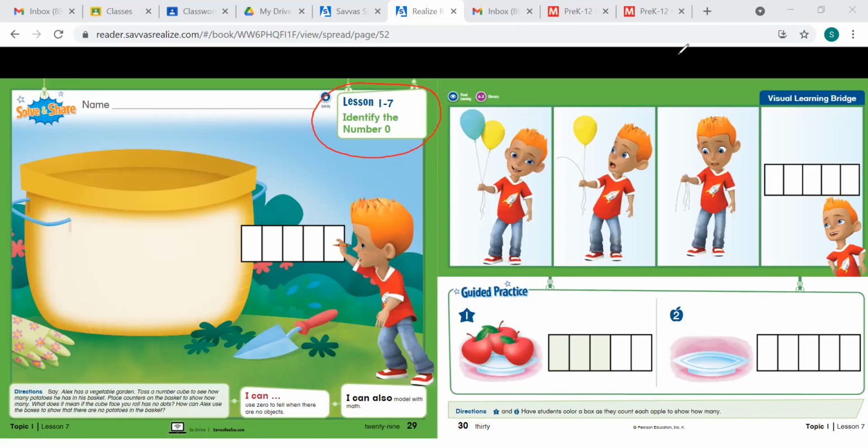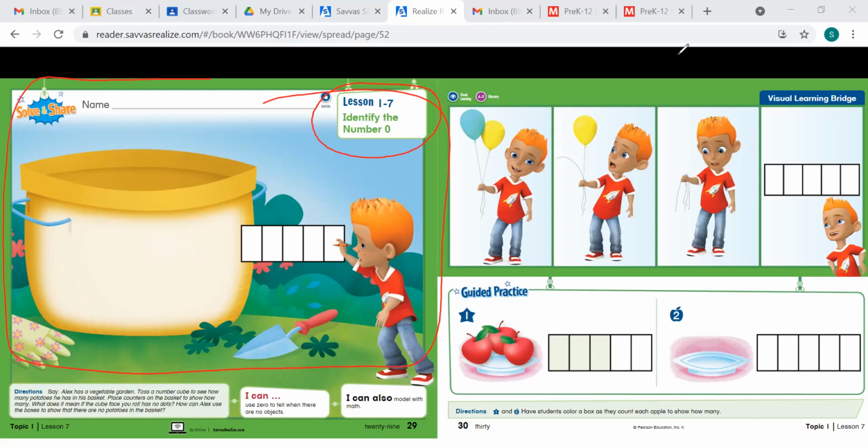All right, let's look at this picture here. Alex has a vegetable garden. So we are going to see how many potatoes he has in his basket. We're going to use counters on the basket to show how many.